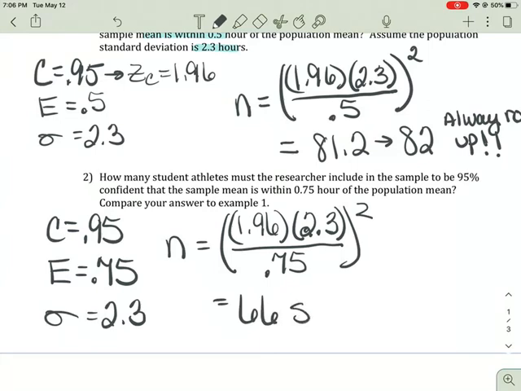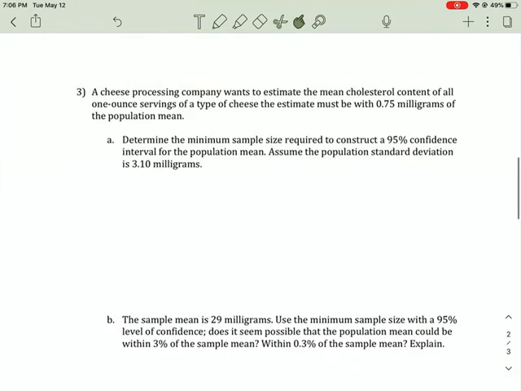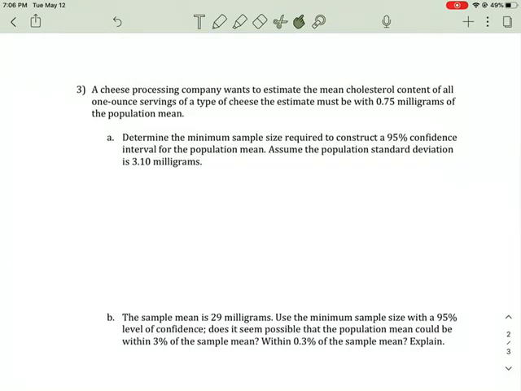Okay, so we're going to do the math, and I got 66 students. Again, that's rounded up. Okay, notice as we increase the width of our interval, we had to decrease the amount of people we talked to. The wider the interval, the fewer students we have to talk to. Okay? All right, let's try some more.